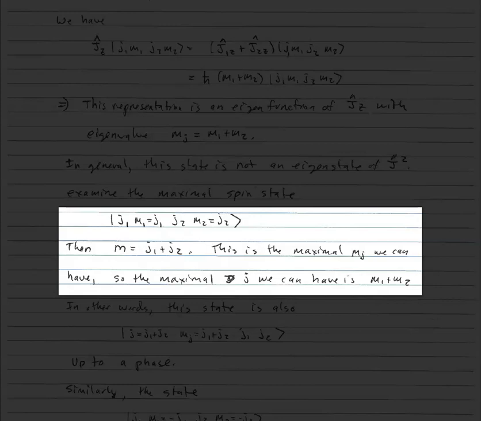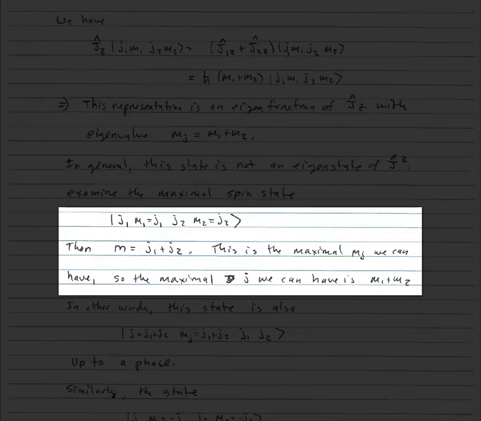This is the maximal m that we can have, so that must be the maximal value of the total angular momentum j, because the z component of angular momentum is never bigger than the quantum number that corresponds to the square of the angular momentum. So if I have a state that has an m that's equal to j1 plus j2, I must have a j that is at least as big as j1 plus j2.